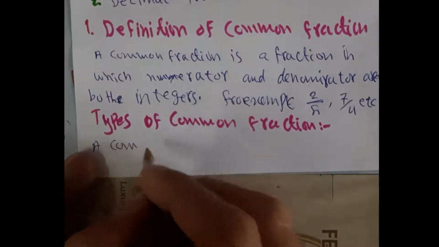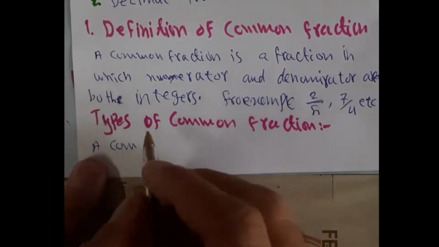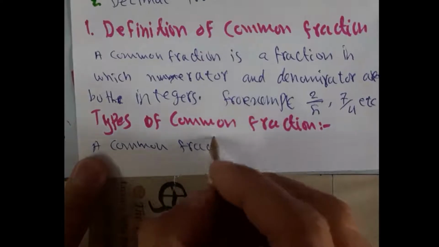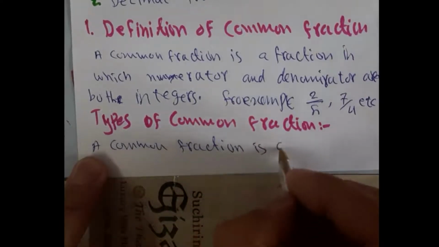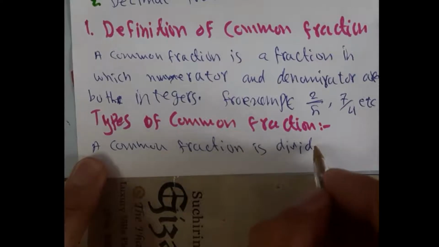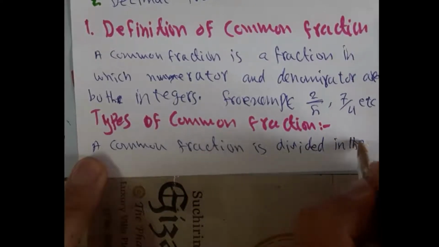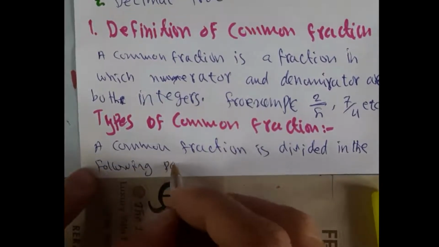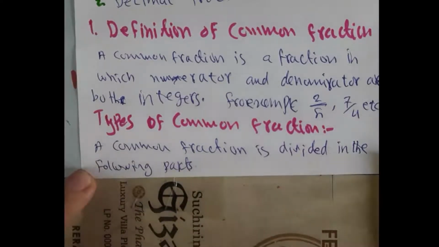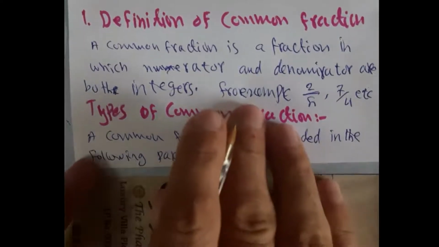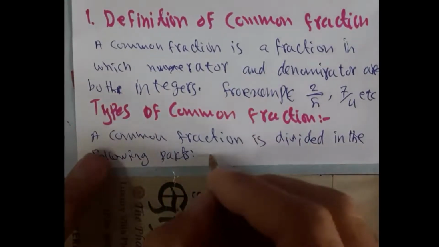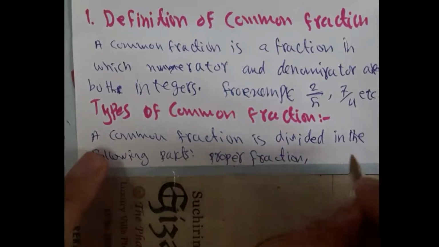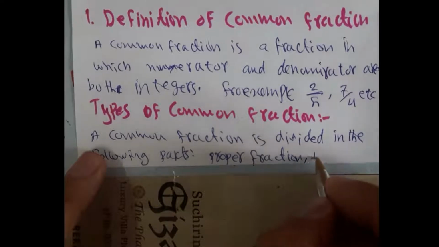A common fraction is divided into the following parts. Number one, proper fraction. Number two, improper fraction.